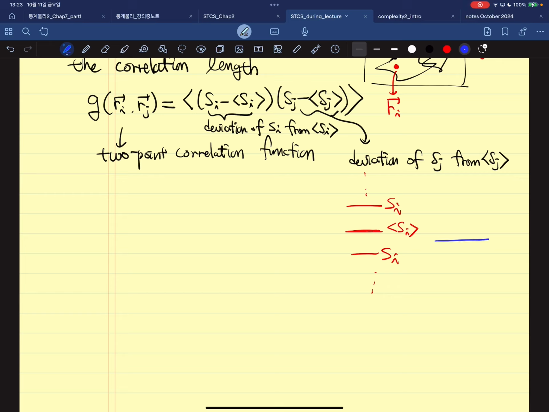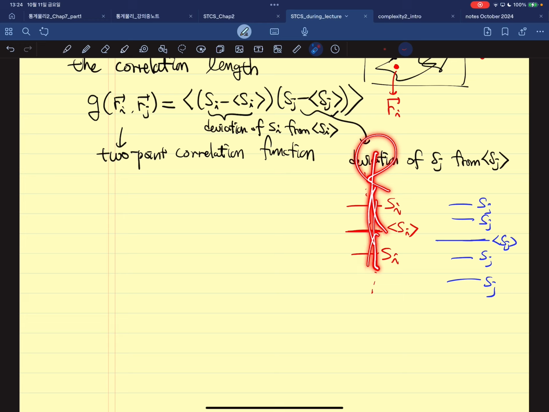And for example, this average value of Sj is here, and the real Sj can be anywhere. So this deviation can be positive or negative, or largely positive or hugely negative.